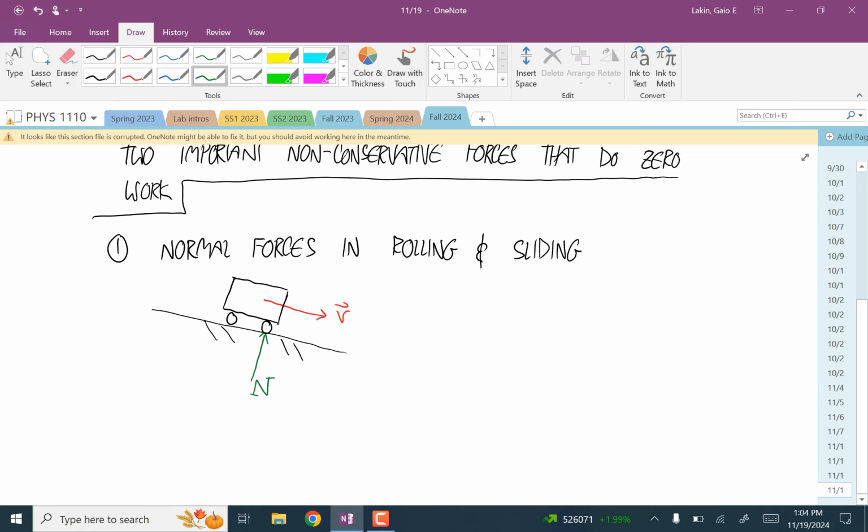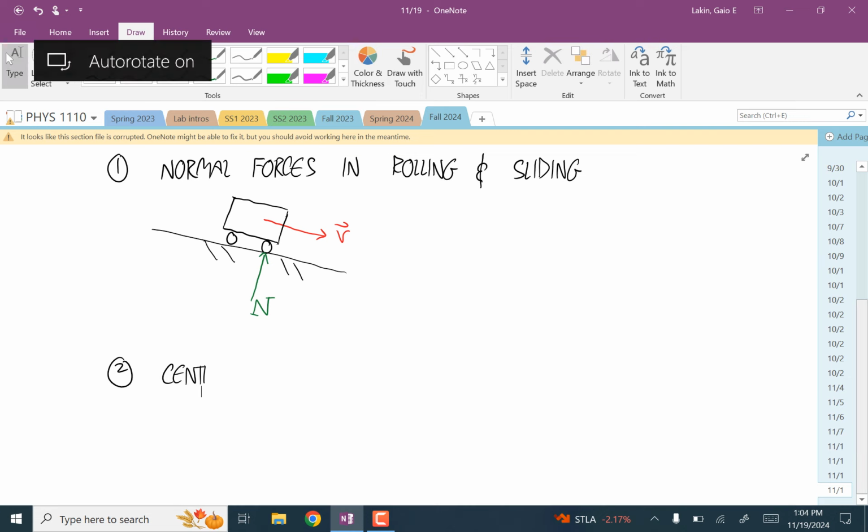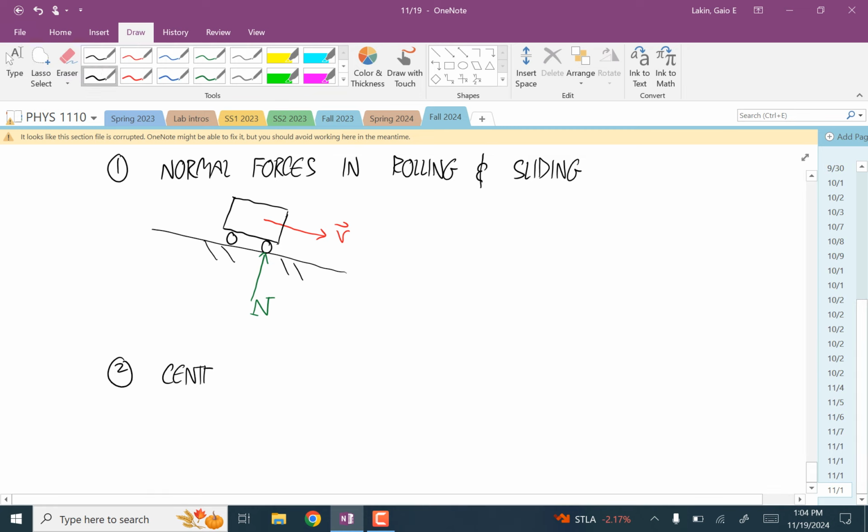Okay? And there's one more common one like that. That's centripetal forces in circular motion.